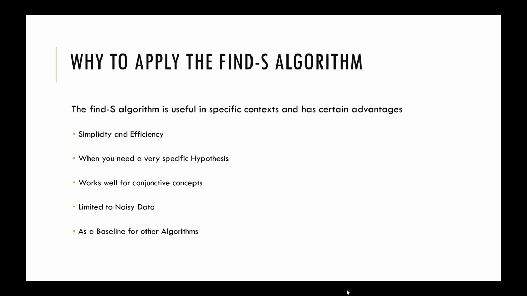For example, noisy examples do not match the target concept. However, if there is a lot of noise, that is negative examples that are closer to the positive examples, the Find-S algorithm may not work efficiently. That is the limitation of the Find-S algorithm.